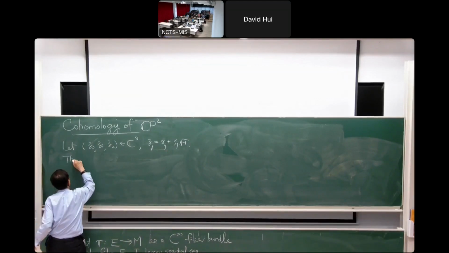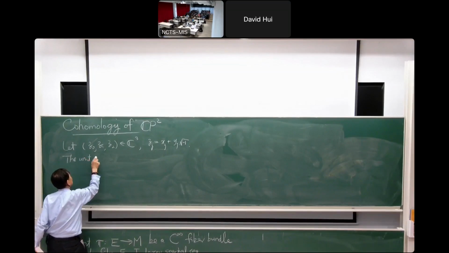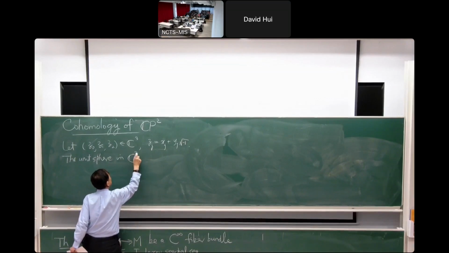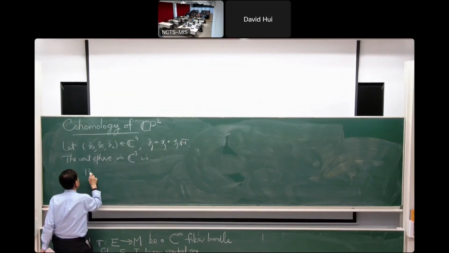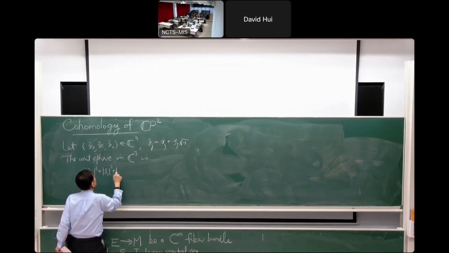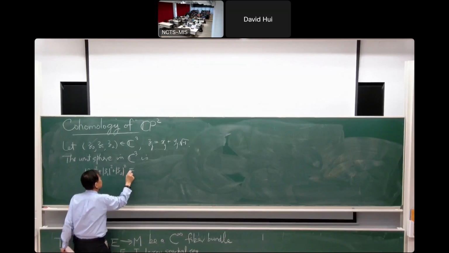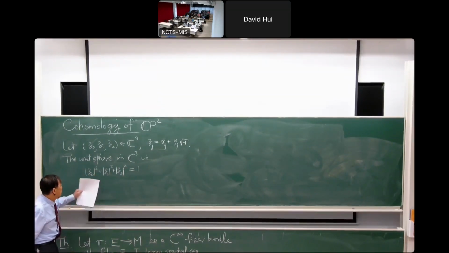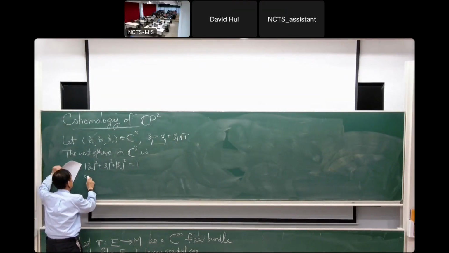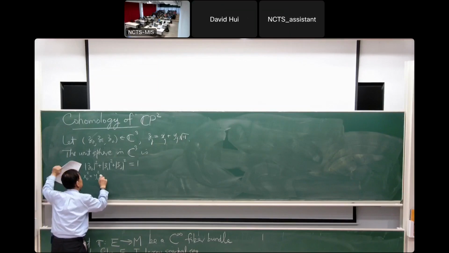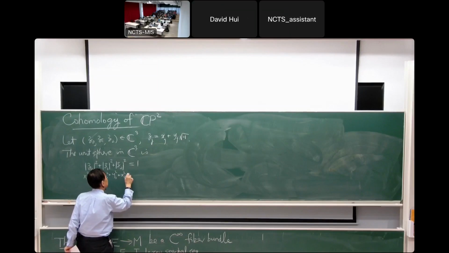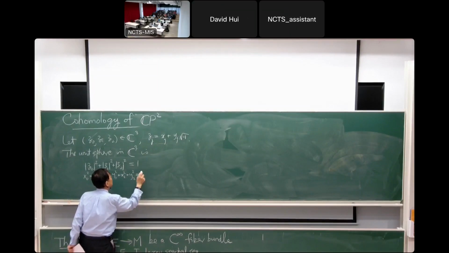So the unit sphere in C3 is defined by the sum of the norms squared being 1, and this would be x0 squared plus y0 squared plus x1 squared plus y1 squared plus x2 squared plus y2 squared equals 1.